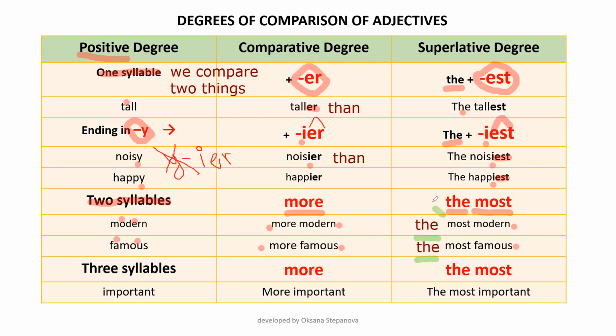Use it like one word. Just remember this as one word. Don't separate them. In this degree, in this grammar, don't separate them. Always use the with most, and with other adjectives in this degree. You see the, always the, right?